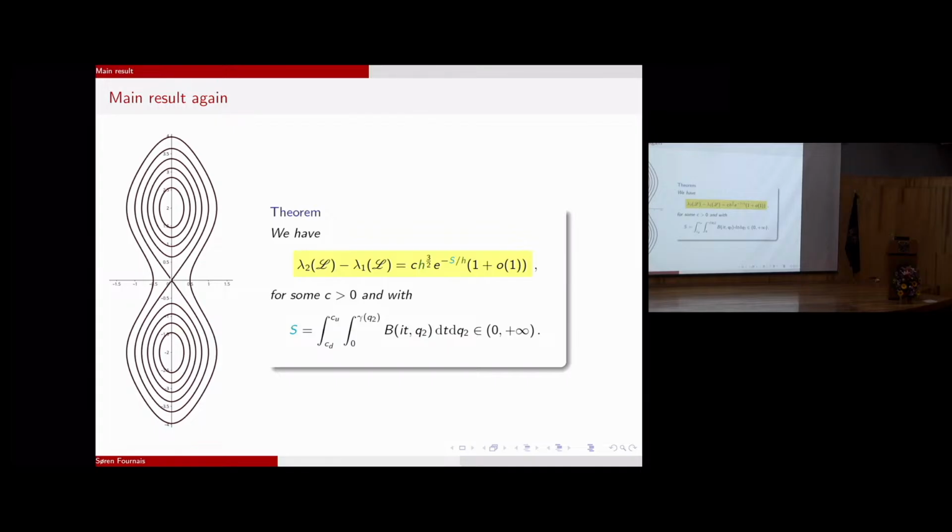If you ask for a physical reason why it should be an H to the 3 halves, okay, good. But that's the reason why. Let me maybe stress, even though it's probably obvious to everybody in the audience, that this is an irrelevant lower order term. This is exponentially small, and this is just a power in front.